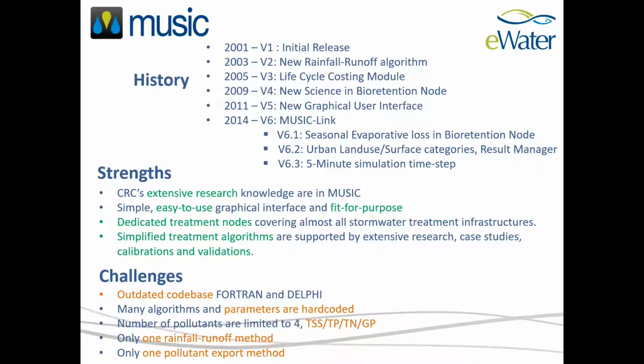To overcome those challenges and limitations, and to make it more flexible and extendable with new science and knowledge, we have rewritten the whole code base into a new, robust, modern platform, same as our Source software. This completely rewritten software called MusicX was first released in May 2020.